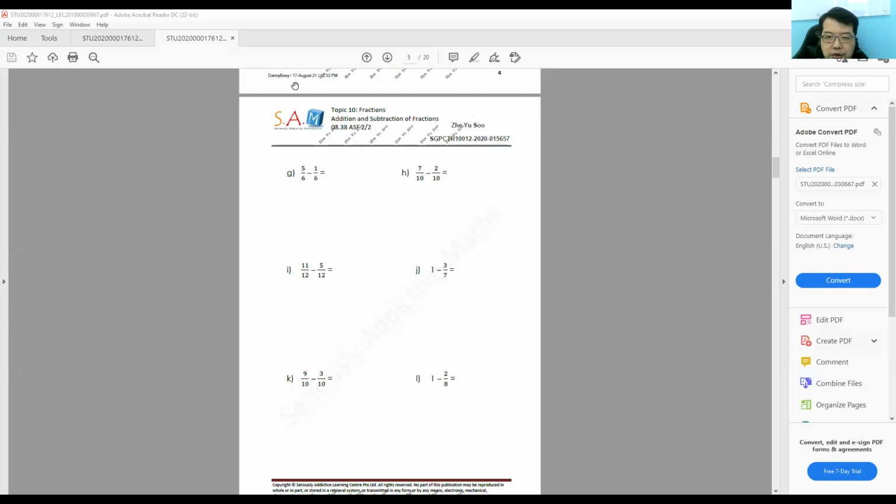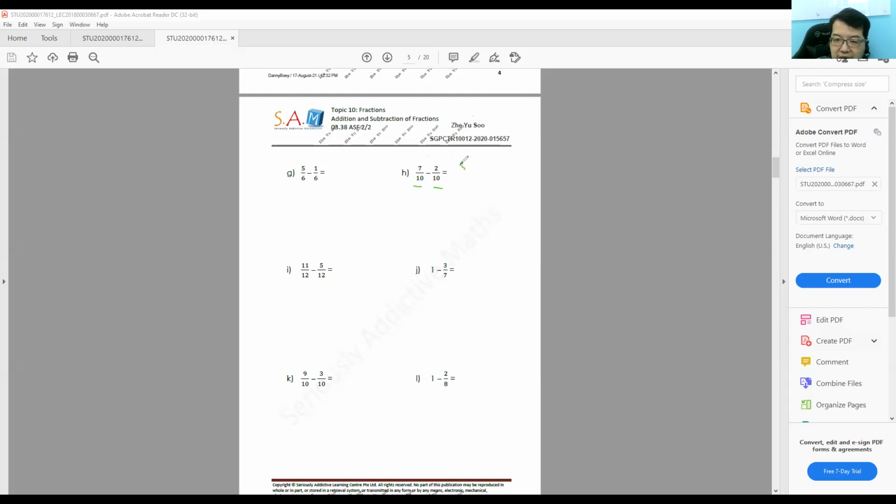Okay, I'm just going to do a few examples for you. This is quite easy, just to get you to understand how it works. If the denominators are the same, you simply subtract the numerators, just like what you did with addition. So 7 out of 10 minus 2 out of 10, they have the same denominator, so you just do 7 minus 2.